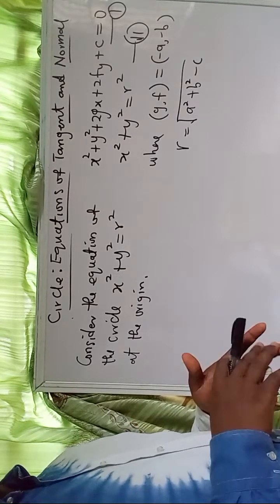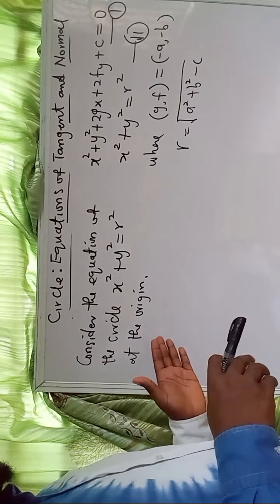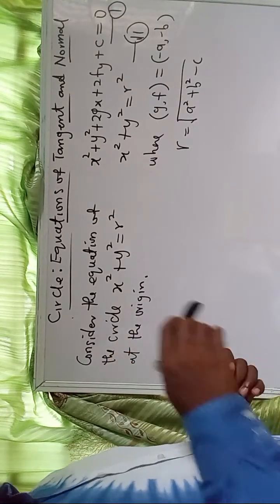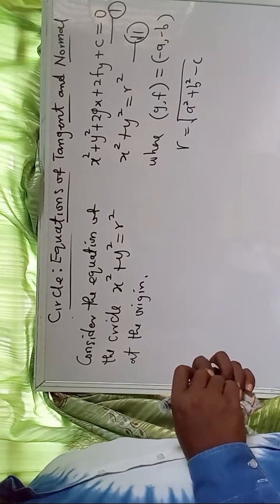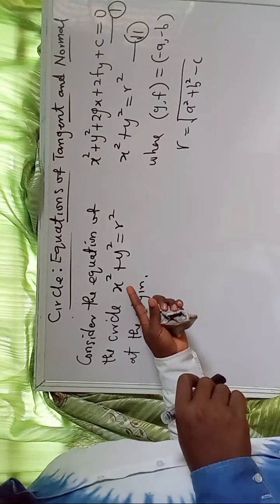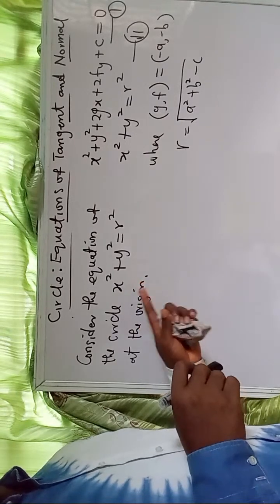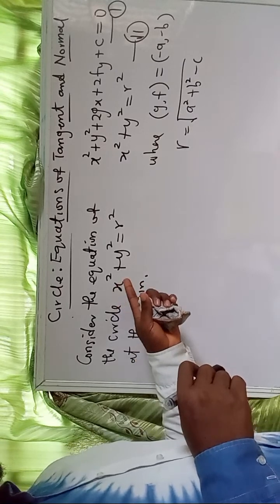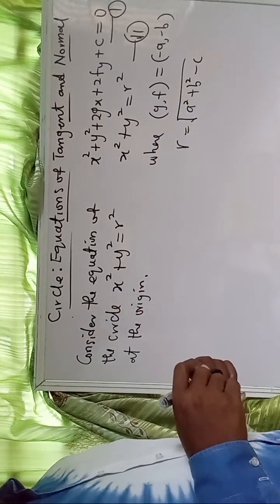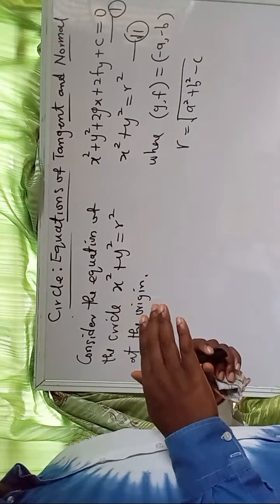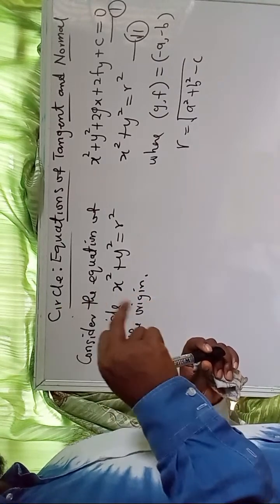So what we want to deduce here is the equation of a tangent line. And before we do that, the first thing is to know the slope of the circle. This will tell us how sloped the tangent line is, the tangent line that touches the circle at one point.